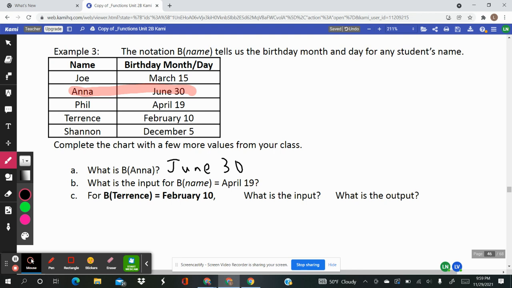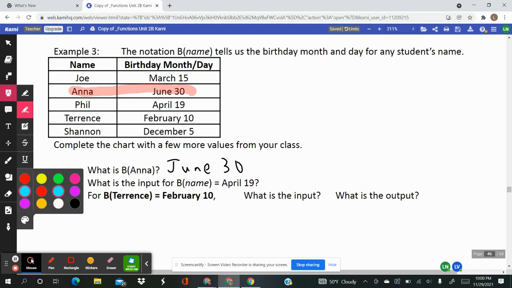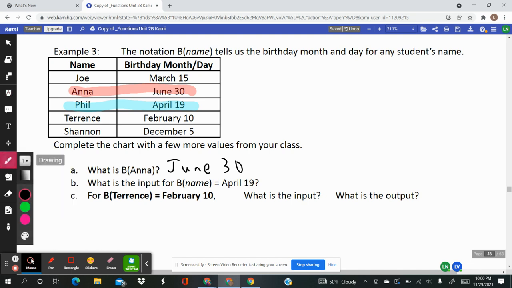Then for letter B, what is the input for the name of April 19th? So letter B is giving us the output. We need to figure out what name matches up with April 19th. So April 19th is going to be Phil. For letter C, the birthday of Terrence is February 10th.